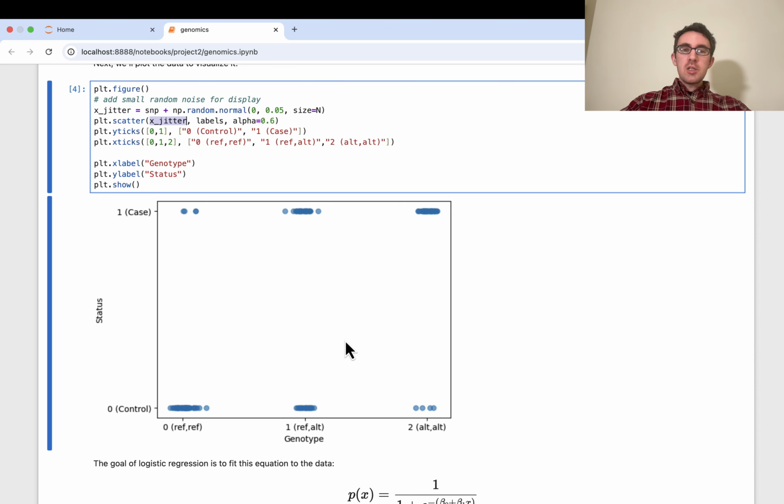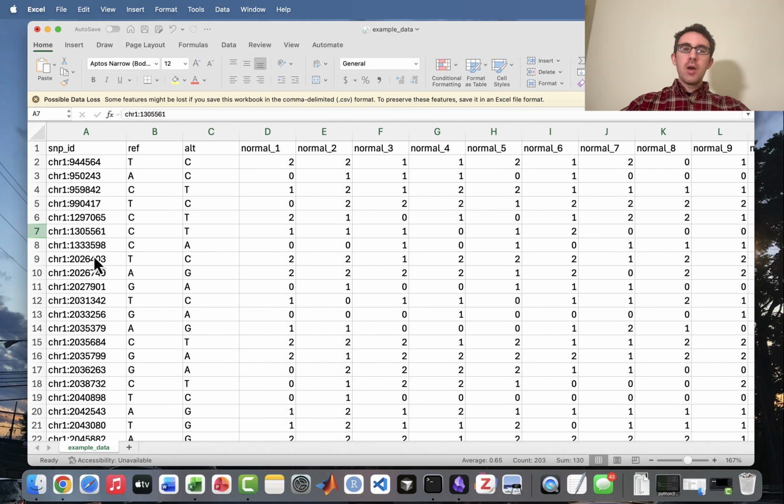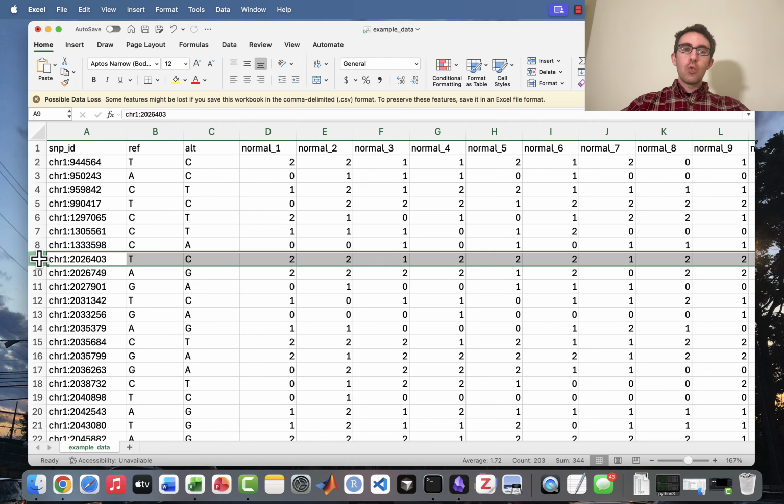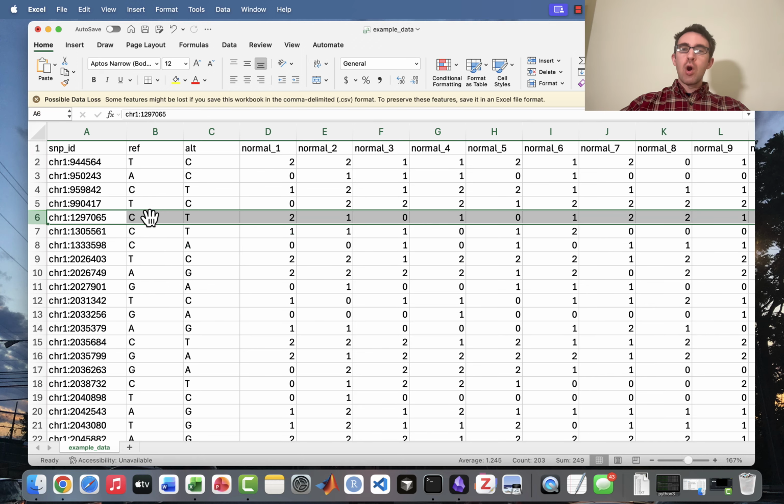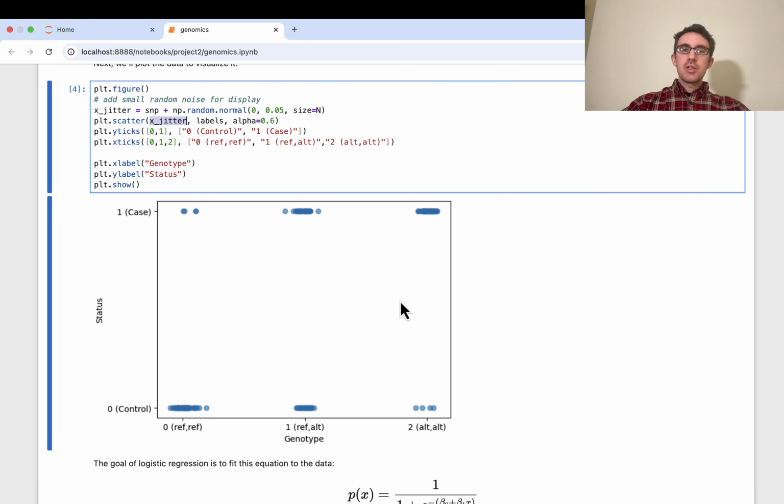This is a nice plot to start visualizing what things look like for one particular SNP. If we imagine this SNP example as one particular row, this plot lets us visually see all the information we're working with. We can see each of the possible genotypes, and for each genotype, whether the people who had that genotype were a case or a control, like a zombie or normal.